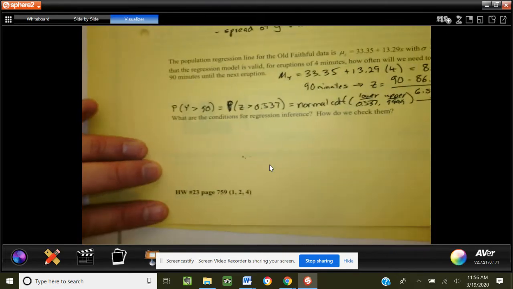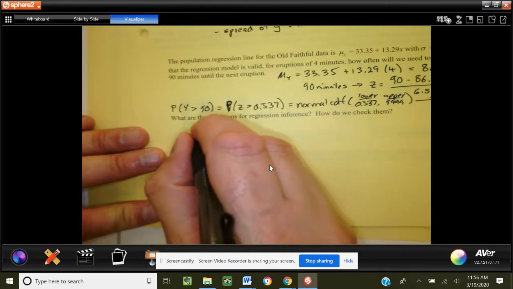All right, so let's next go to the conditions for inference. I know you guys love checking conditions. You're really going to love checking conditions in this case. We're going to use an acronym called LINER.